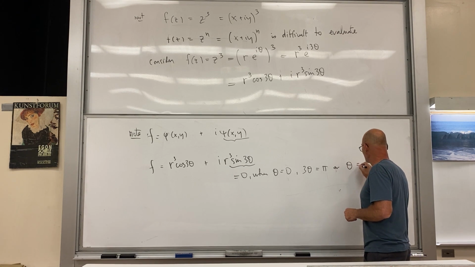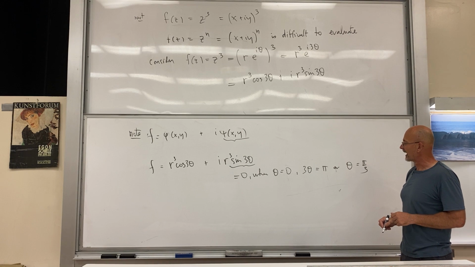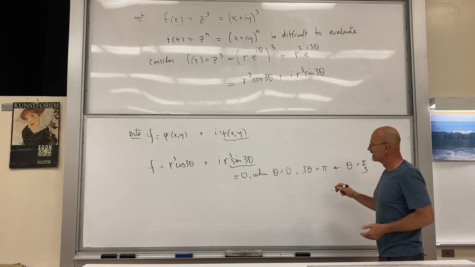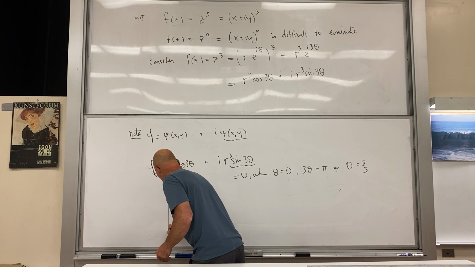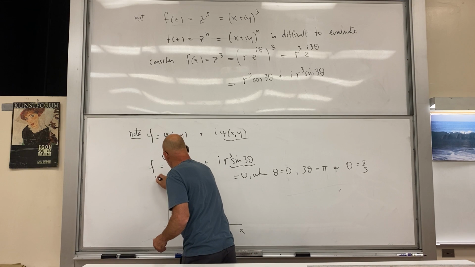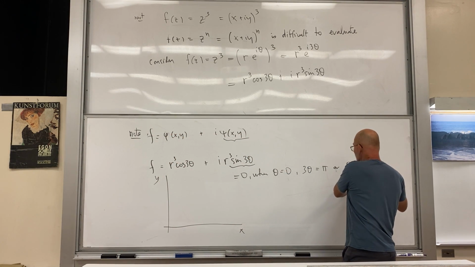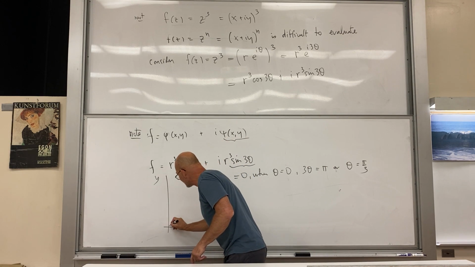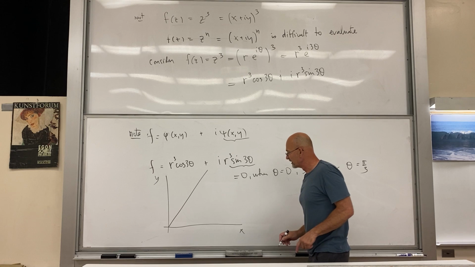Or theta equals pi over 3. Okay, that's very well defined. So you're in plane polar coordinates. Let's draw our picture here. This is the xy plane, complex plane, but pi over 3, that's your 60 degrees. So roughly there.